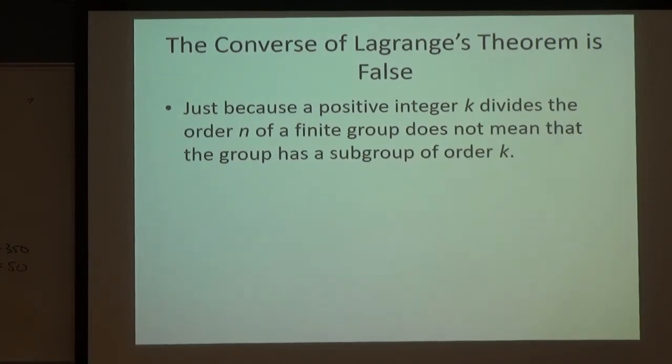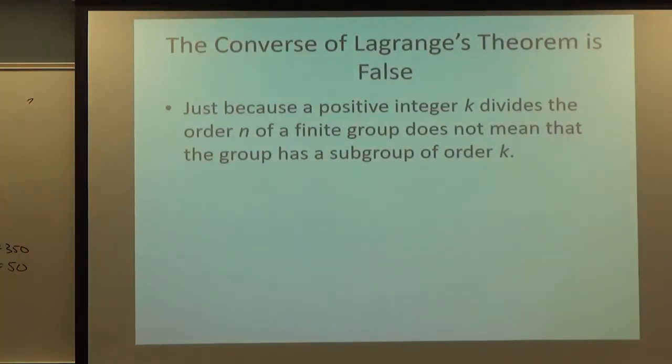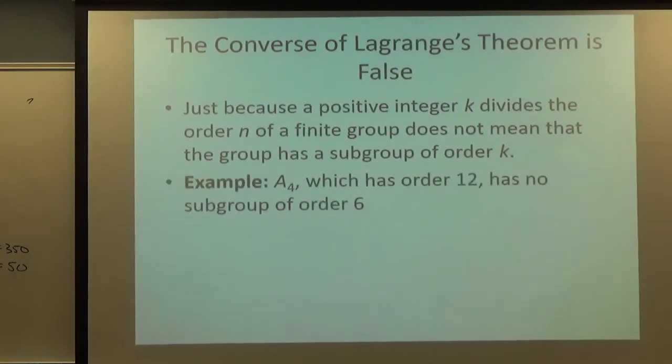Is there a simple example where it's not true? Well, relatively simple in the big scheme of things. A4, which has order 12, it turns out has no subgroups of order 6, even though 6 divides 12. What was A4 again?